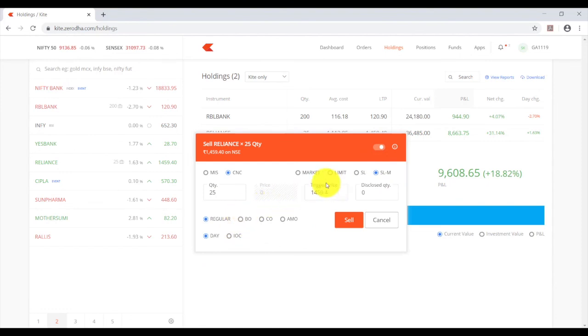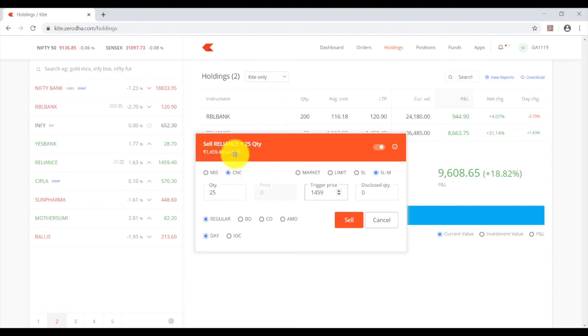Now, as soon as this price is breached, let's say I set it at 1459, as soon as the stock goes to 1459, 25 quantity of shares will be sold at the market price. Very simple. I don't need to set the price to sell it. It will be sold at whatever the market price may be as soon as the trigger is breached.